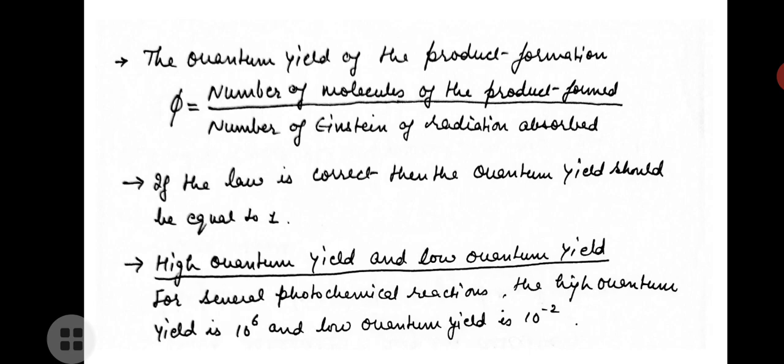In the case of chain reactions, quantum yields may have values as high as several thousands. For several photochemical reactions, the high quantum yield is 10 to the power 6 and the low quantum yield is 10 to the power minus 2.